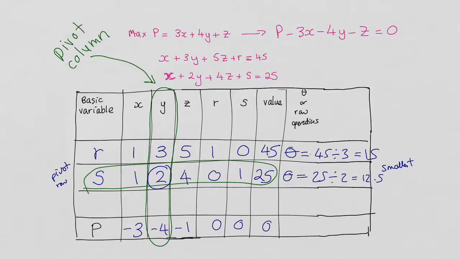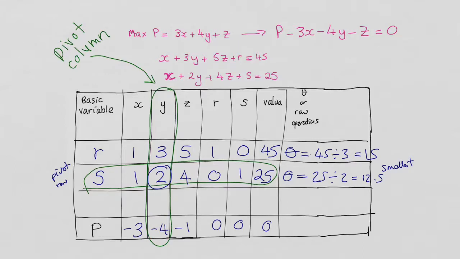So what we're going to do now, we would swap S with Y because we're considering Y instead. We're saying we can make the most improvement to Y. So I'm going to investigate a vertex with Y instead. So that will swap with that. I'm going to try and change that to a 1 and eliminate Y in the other equations, like you would with simultaneous equations. So that's going to become 1. These are going to become 0.